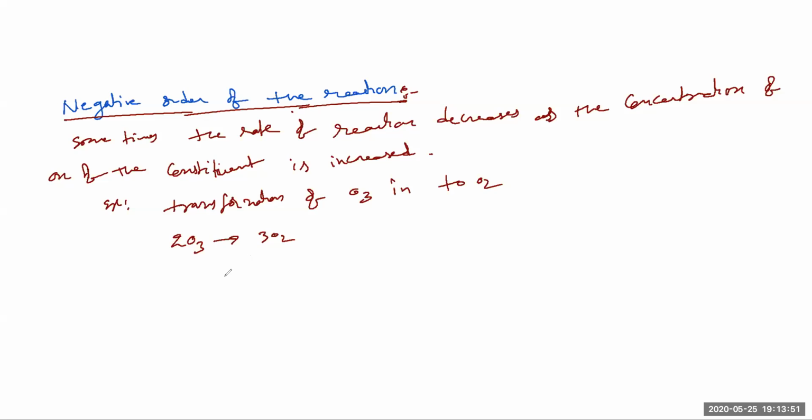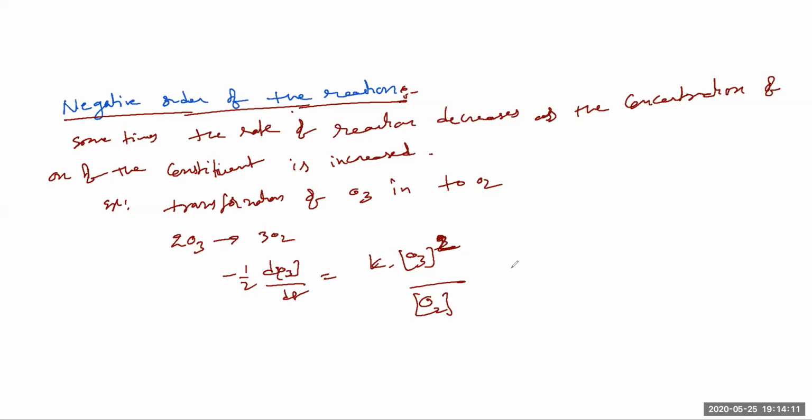So minus 1 by 2 d of O3 by dt, the rate of reaction, is equal to K into O3 whole square divided by O2.